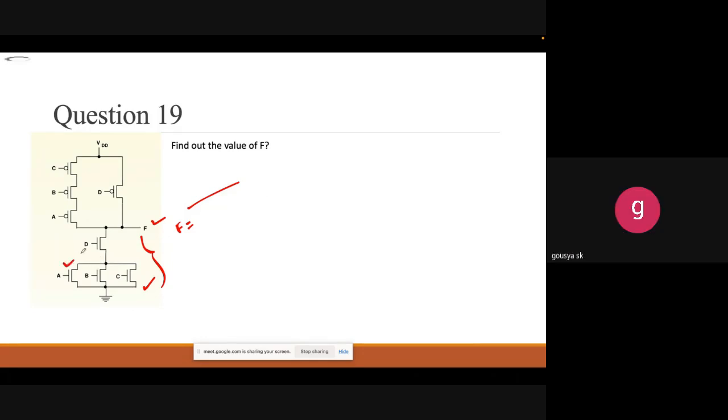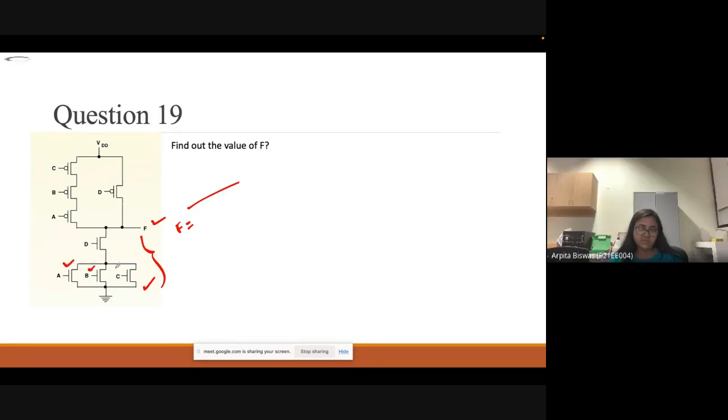Because A is parallel with B, which is parallel with C. So it will connect A plus B plus C, and this whole thing is in series with D. You can see the upper side also has the same thing. That's why the whole bar is coming. So this is the right answer: F equals A plus B plus C into D, and then whole bar.